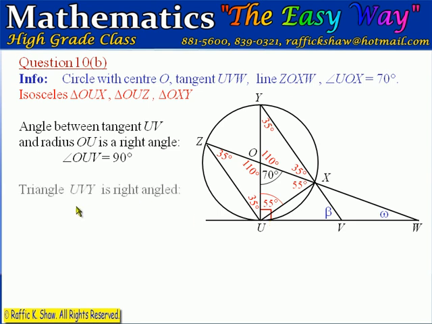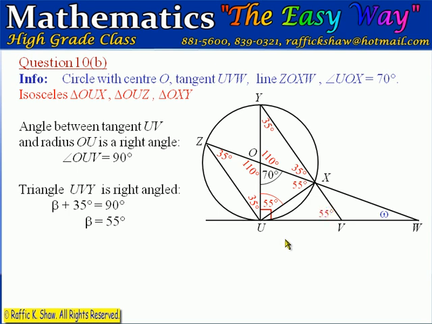So we can show that. Triangle UVY is a right angle triangle. And therefore, angle beta plus 35 degrees equals 90 degrees. And so beta is 90 degrees minus 35 degrees, which is 55 degrees. And we can go ahead and show that on the diagram.